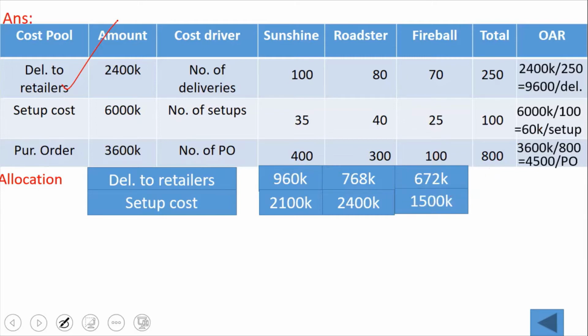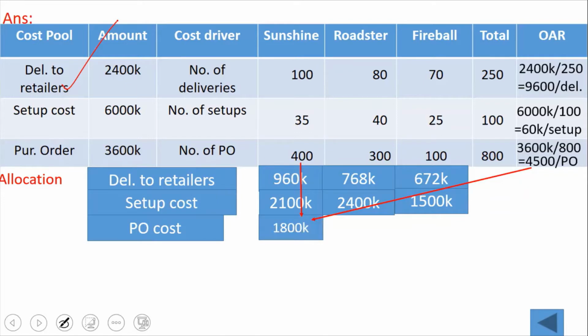Now coming to the last cost pool, that is the purchase ordering cost. For one purchase order, it is $4,500. And for Sunshine, we are having 400 purchase orders. So the purchase ordering cost relating to Sunshine is 4,500 multiplied by 400, giving 1.8 million. And regarding Roadster, for one purchase order, $4,500, and for Roadster, we are taking 300 purchase orders.